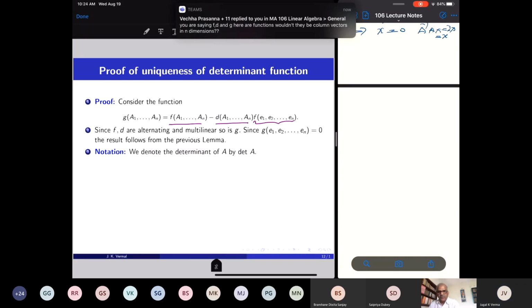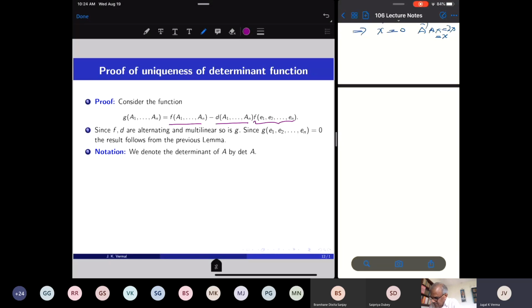So we have some question. Vecha Kumar, you are asking whether f, d, and g here are functions, or wouldn't they be column vectors in n dimensions? No, no. f is a function from the space of n by n matrices.